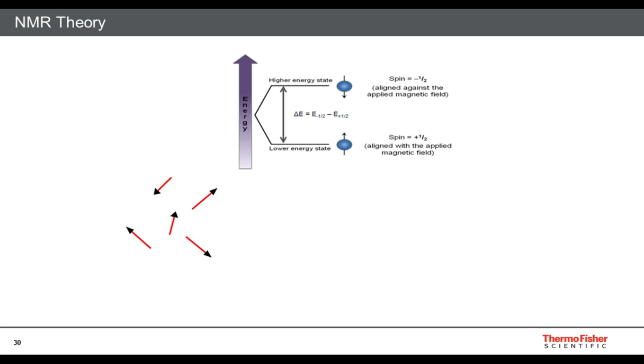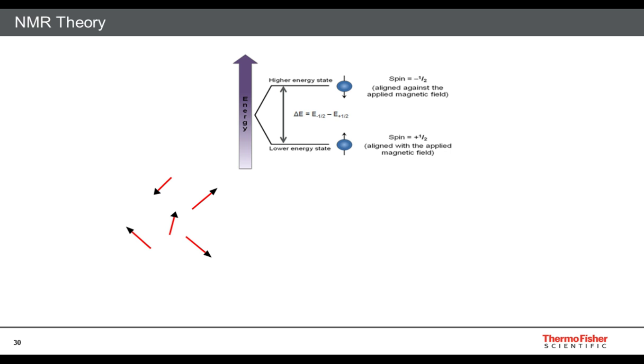And so if we consider hydrogen, which is where we do most NMR from a technique standpoint, we're looking at the proton. So the proton has a charge. It also has a nuclear spin state associated with it. And if you have a spinning charge, you have a particle that will behave like a small magnet. And these magnetic moments are oriented randomly in space in kind of a ground state situation.